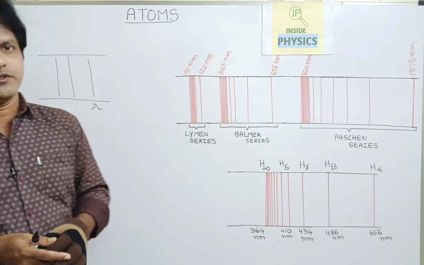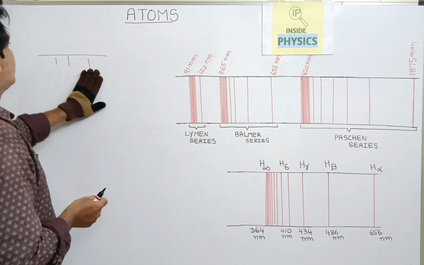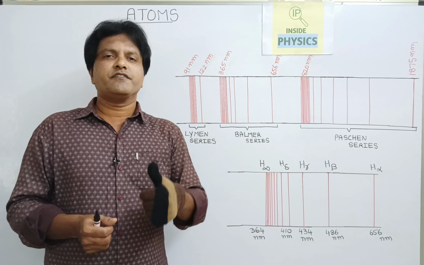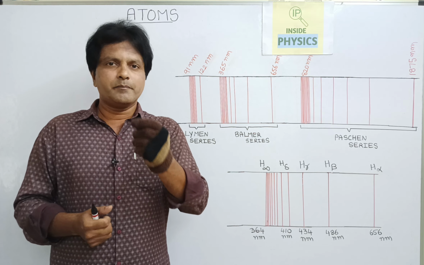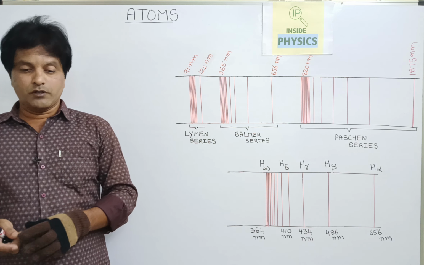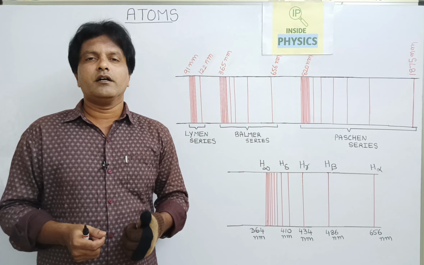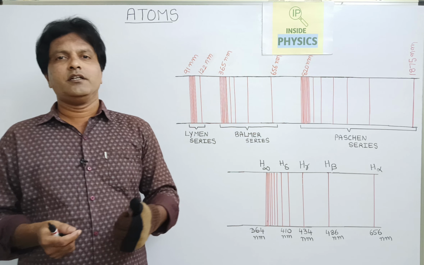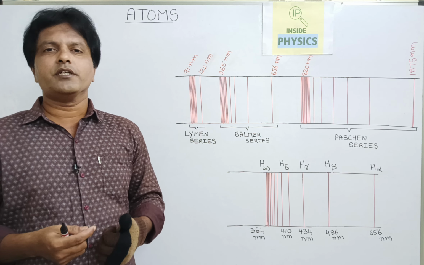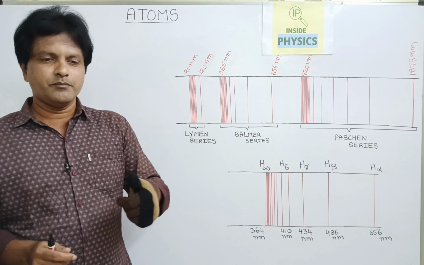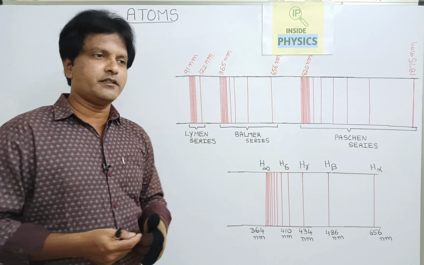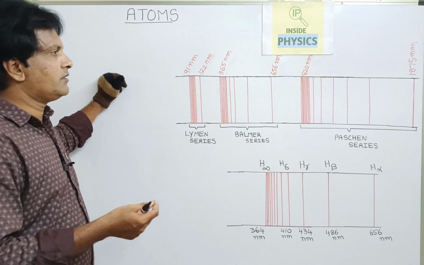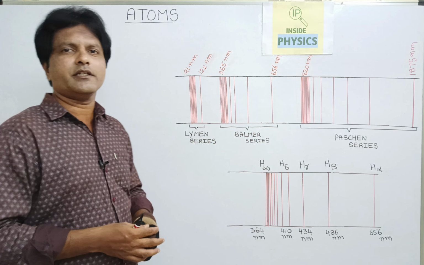So by this, what you can say is that this atomic spectra is like a fingerprint to identify that particular element. If you want to identify a person these days, we take a thumb impression and identify the fingerprint, in some cases in government sectors or something like that.